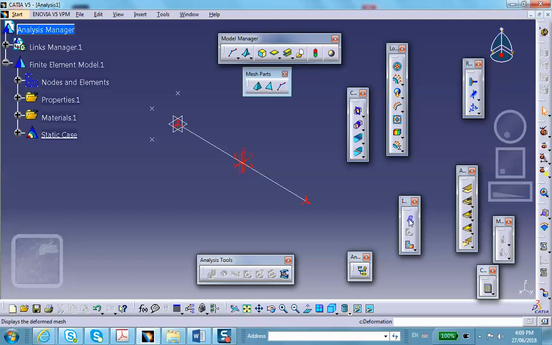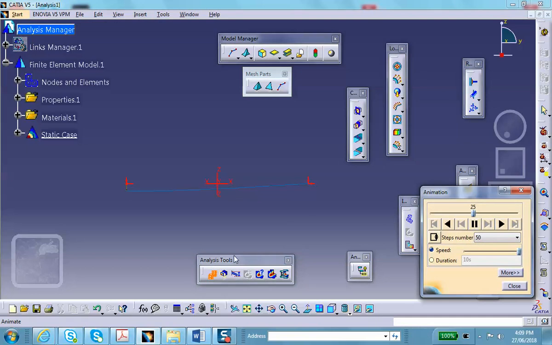It's all done. So look at the vertical deflection. Let's put it in a view that we can recognize. So the front view. Yeah, good. And let's animate this. This end is pinned, and this is moving up and down.